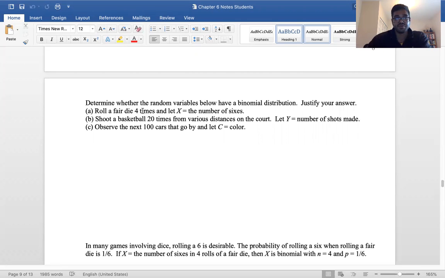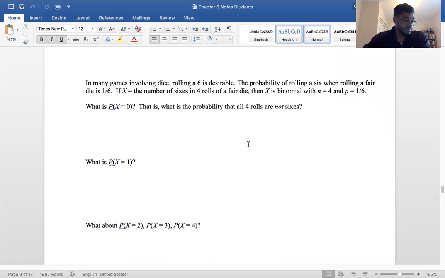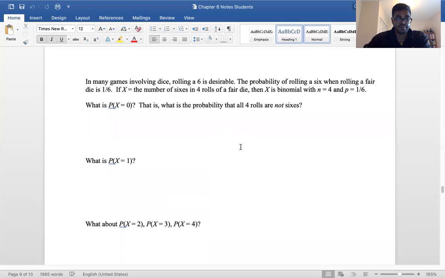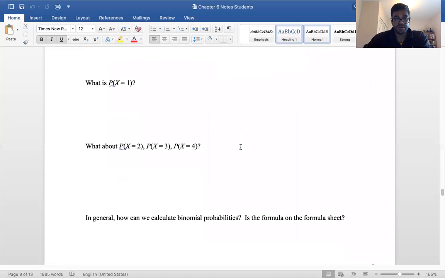We have a set number of trials, 4, and the likelihood of getting a 6 remains the same at 1/6. So this one here would satisfy the conditions for a binomial distribution. So think about that for B and C. Let's look at the next problem in class. This is a good problem to think about. We'll kind of go from there.